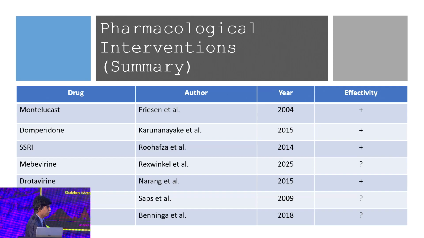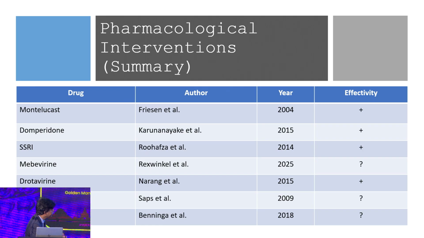So what about pharmacological management? People have done a lot of research on pharmacological management of functional abdominal pain, and most of it is inconclusive. The most important trial, published in 2025, found mebeverine, which we commonly use in children with functional abdominal pain, is no better than a placebo. Our research in 2015 found domperidone is effective in treating children with functional abdominal pain.